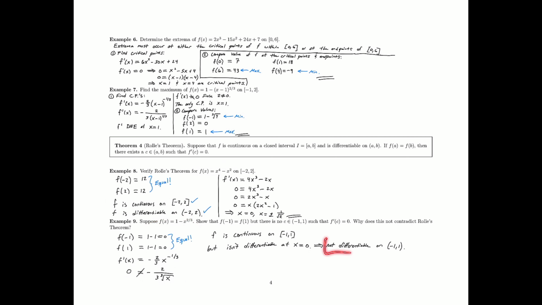It's the fact that it's not differentiable that prohibits us from finding such a derivative being equal to 0. So it does not contradict Rolle's theorem, because not all the hypotheses of Rolle's theorem were satisfied.